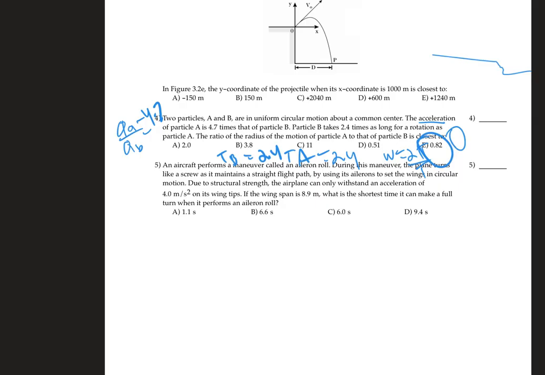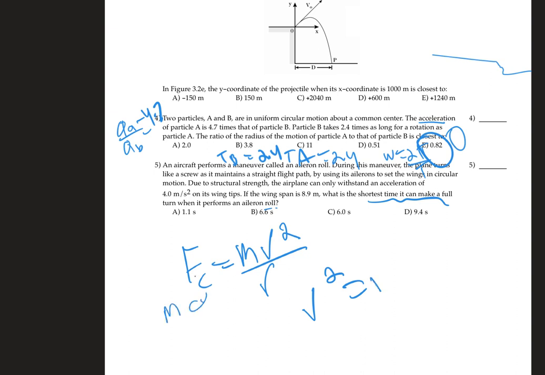All right, and then we got number 5 here. We're looking for the shortest time it can make a full turn when it performs an aileron roll. So centripetal force is given as mass times velocity squared over r, and this is mass times acceleration, equal to ma.